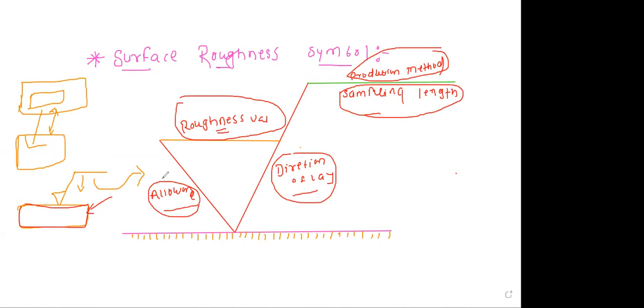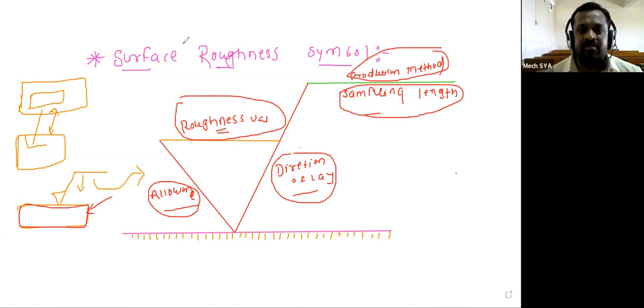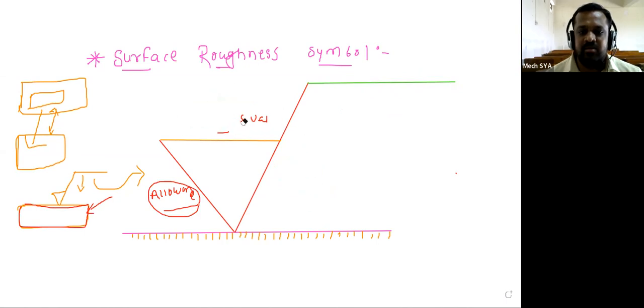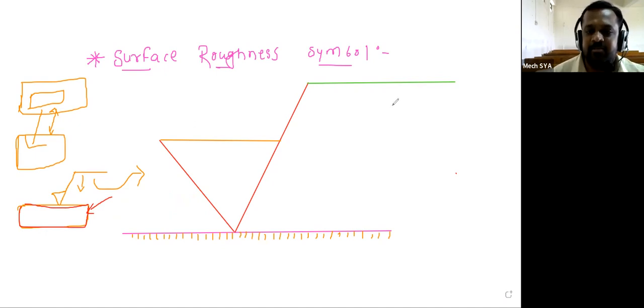Now in the exam, how will they ask the question? Simple. In the exam they will give this symbol, and in this symbol they will write A, then B, C, then here D, and here E. What is the meaning of A, B, C, D, E?